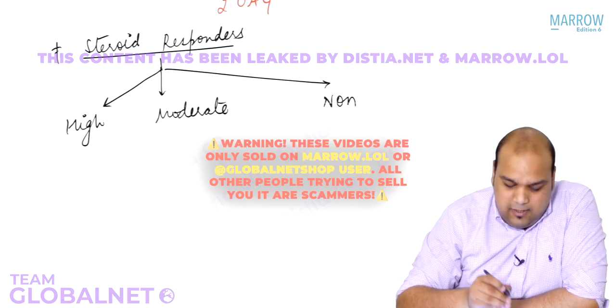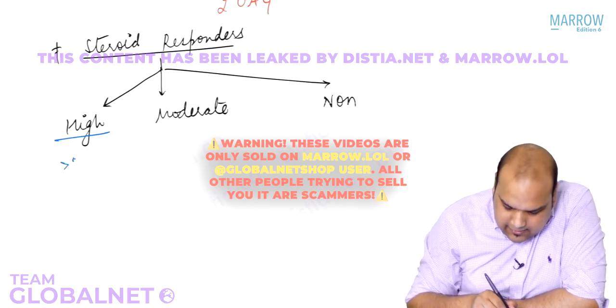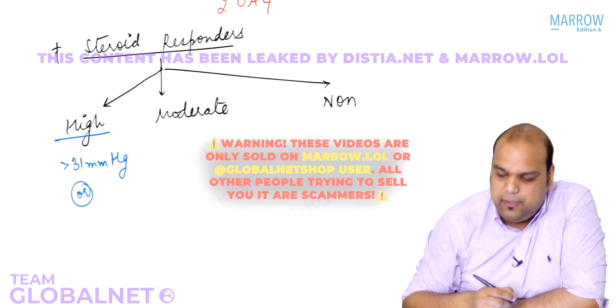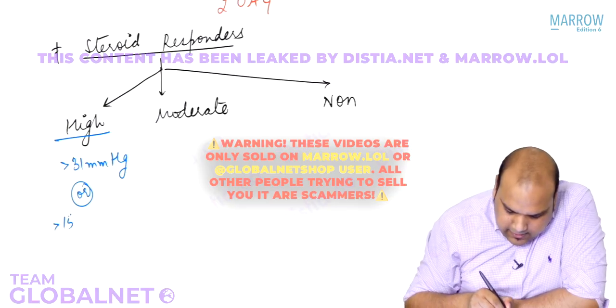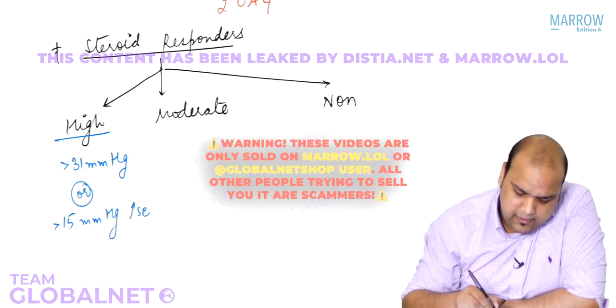Okay? Patients who are high responders, they have greater than 31 mmHg of IOP, obviously after steroid has been given to them, or greater than 15 mmHg increase in IOP after steroids have been instituted.